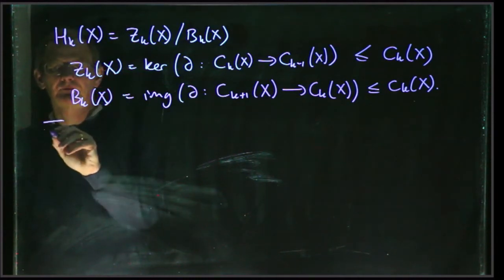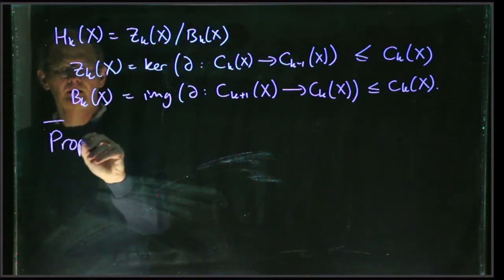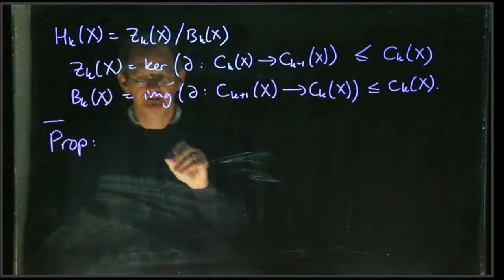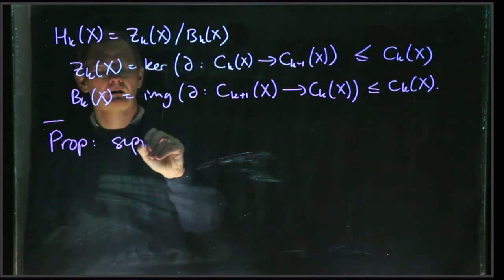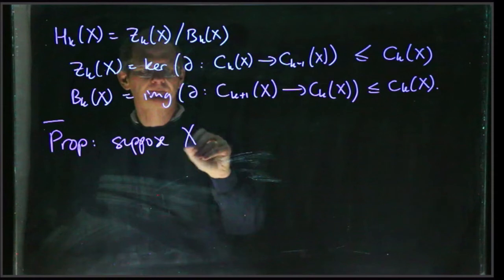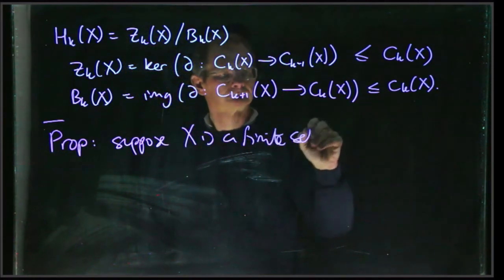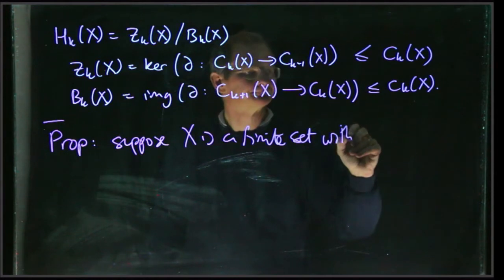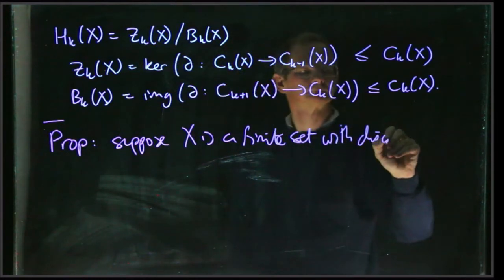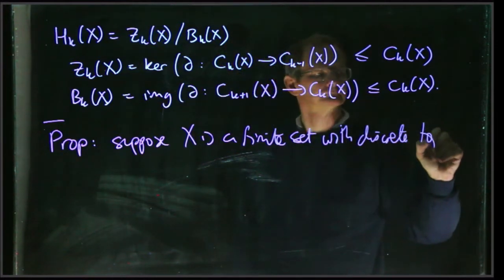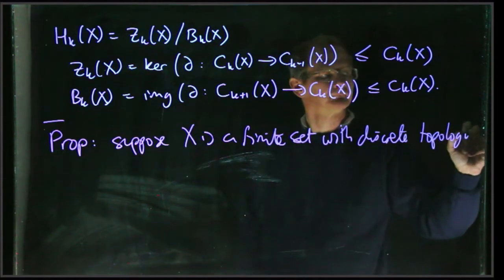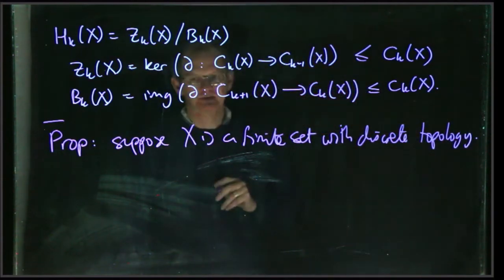So this proposition, first thing we can say is suppose X is a finite set with discrete topology. Just a finite set of separated points.